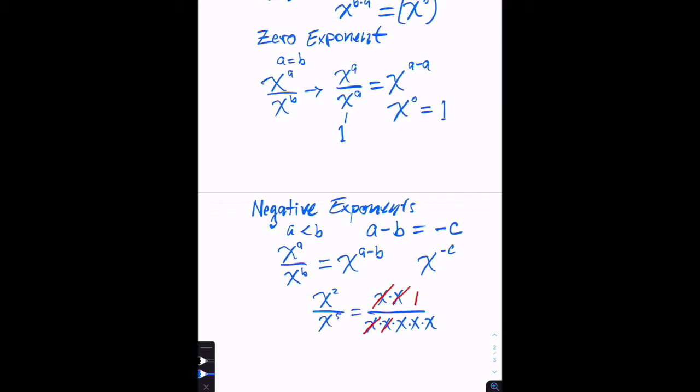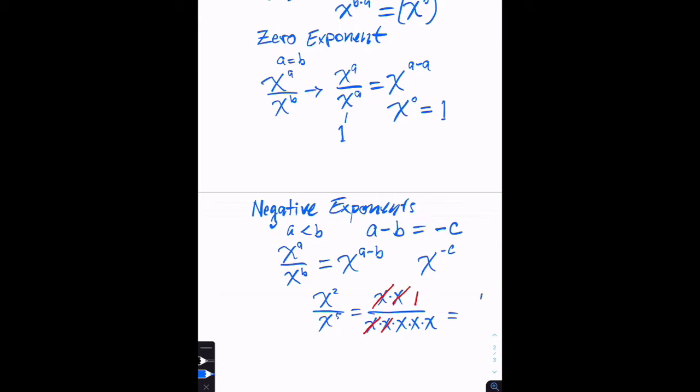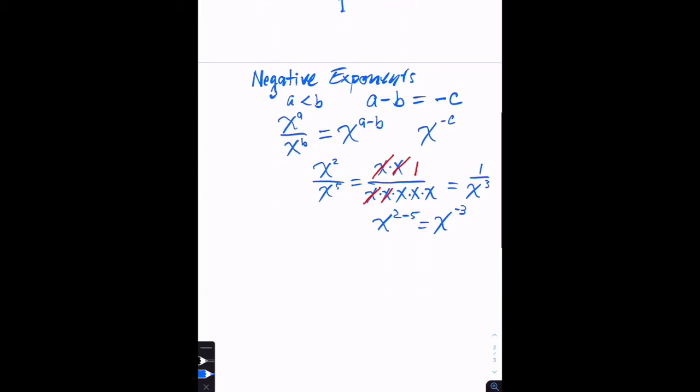That puts a 1 on top, and I have x to the 3. So now we're talking about this being 1 over x to the 3. But that's positive 3. But that's the same as saying x to the 2 minus 5, which is x to the negative 3. So what we're saying then is that x to the negative 3 is the same as saying 1 over x to the positive 3.